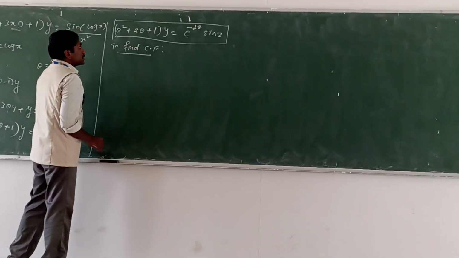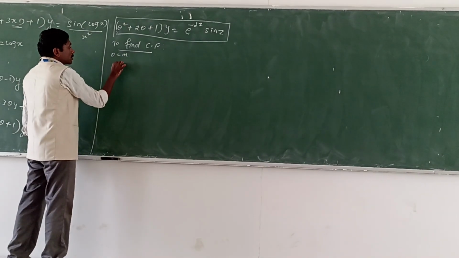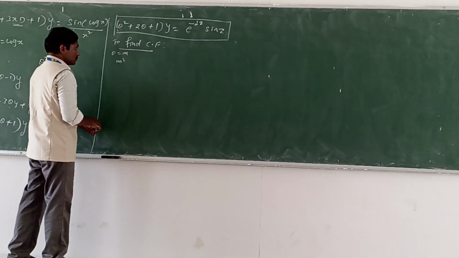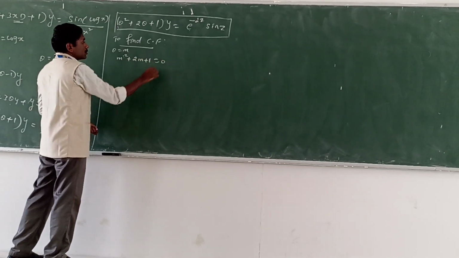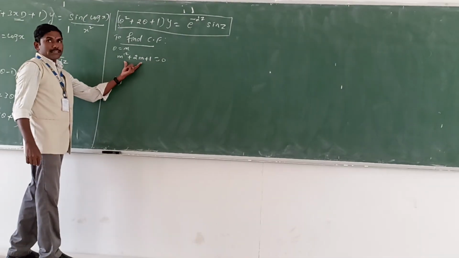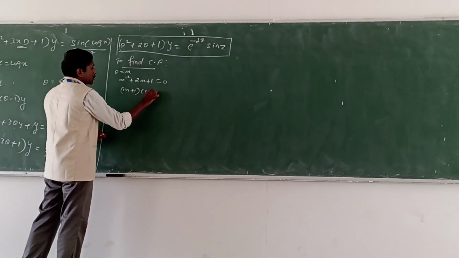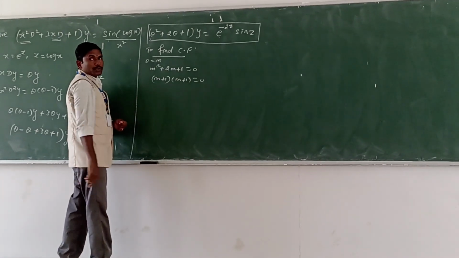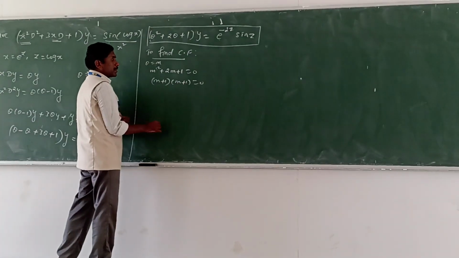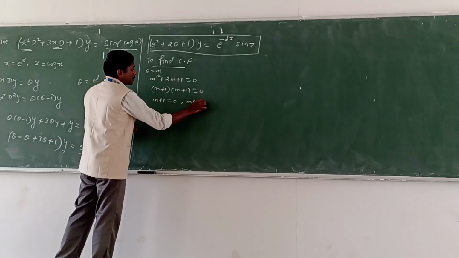Here consider the LHS. Then operator substitute theta equal to m: m square plus 2m plus 1 equal to 0. Now factorize this quadratic equation: sum of two roots is 2, product of two roots is 1, so m plus 1 into m plus 1 equal to 0.